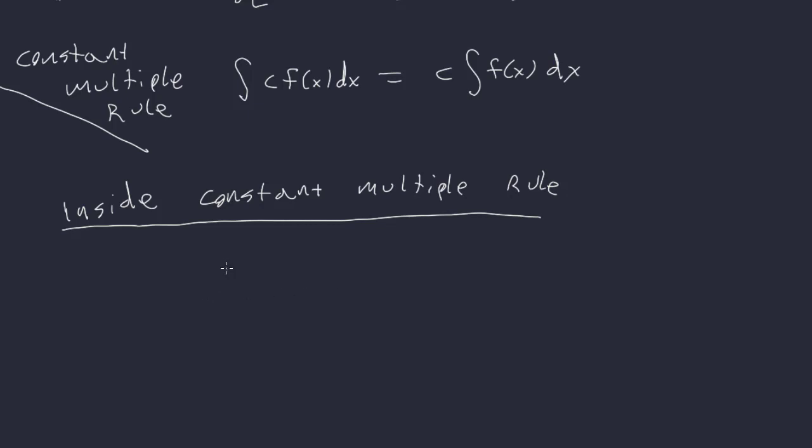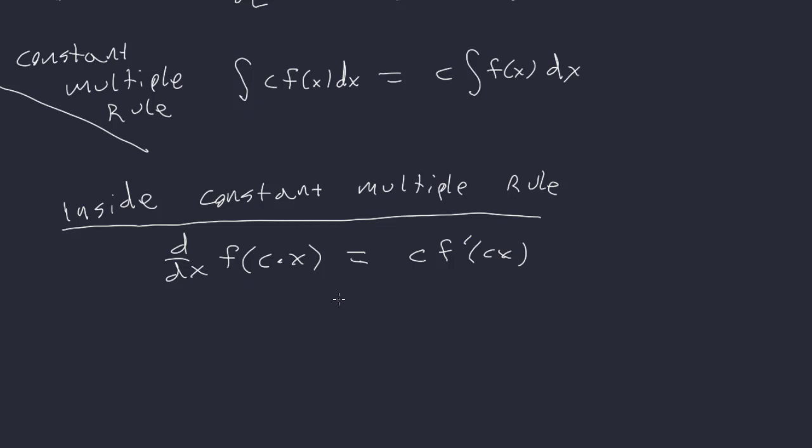So if you have f of some constant times x, and you take the derivative, since it's just a constant, by the chain rule you get a constant on the outside times f prime of cx.